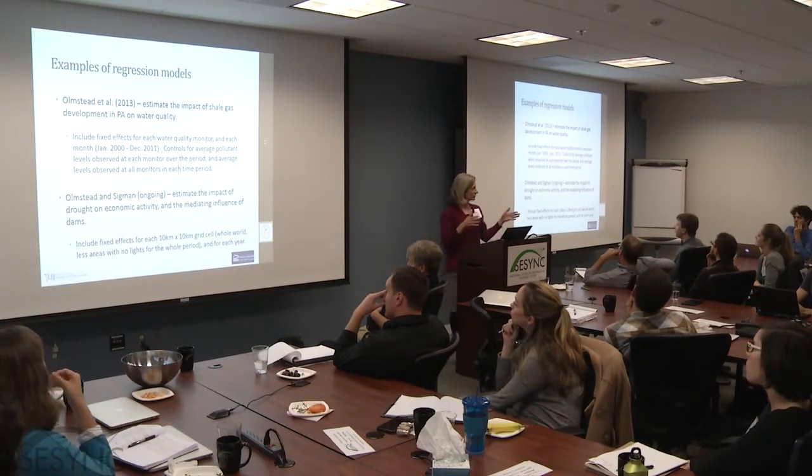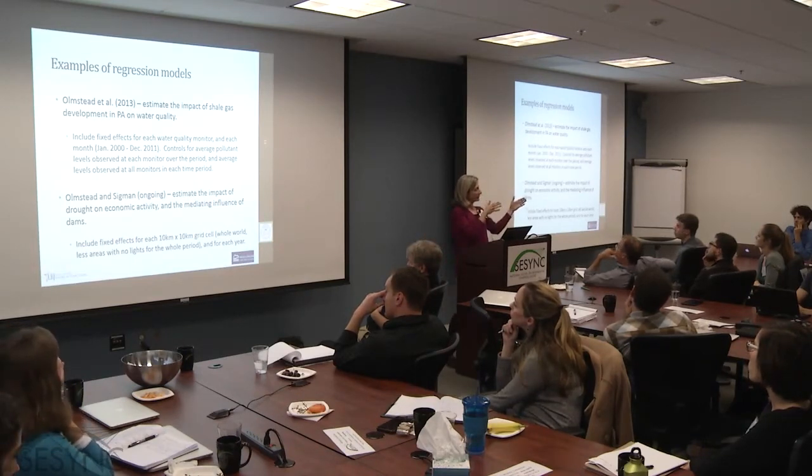So I was very sure that anything affecting average levels of contamination at that monitor, and anything affecting average levels of contamination across the whole set of monitors in any particular time period, was well controlled for. That's what I do with those dummy variables. And then ultimately I can still recover what fraction of that variation was from road salt, I can try to get at that, but I know at least in that first stage I'm not contaminating my estimate of the impact of shale gas development.